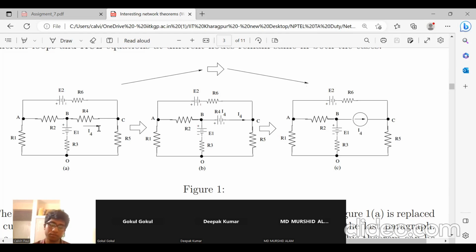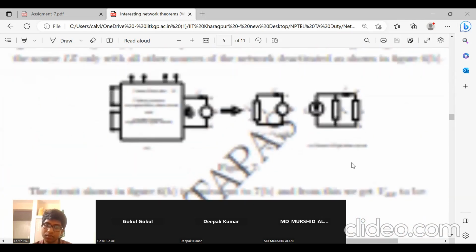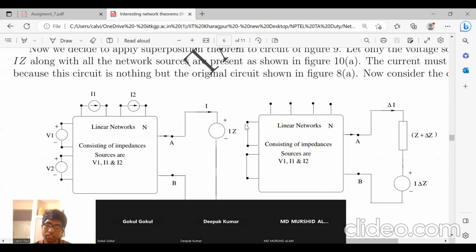That will be some I41. Then in the next step, we short this voltage source, and this voltage source will be active, and we will get another current I42. Then the actual current flowing in the original network is I41 plus I42. So here there were individual voltage sources which we replaced, but in this case, what we are doing is we are clubbing the voltage sources and current sources.